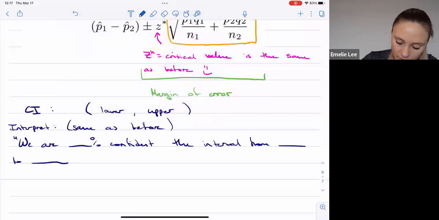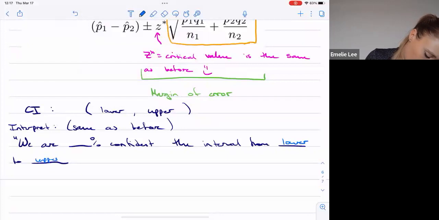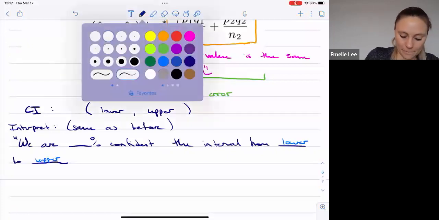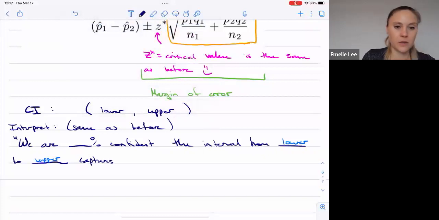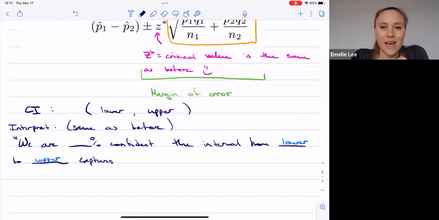It's really important that you start with your lower bound to your upper bound. Because it's a confidence interval for P1 minus P2, you're always talking about the parameter.